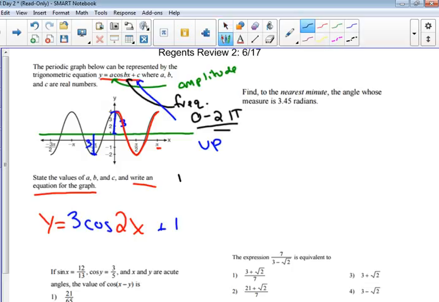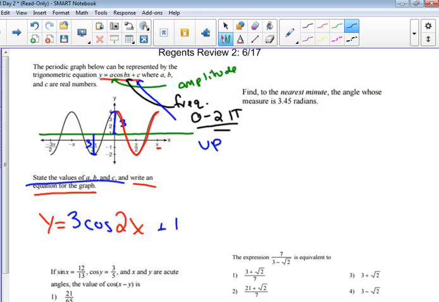This is a good thing too, okay? Watch out for little mistakes like this. I did this all right, but I would have gotten a point off. Does anybody know why? You have to state the values. Make sure you don't forget little things like this.